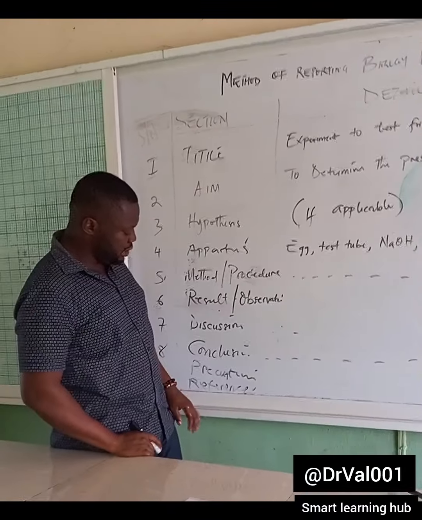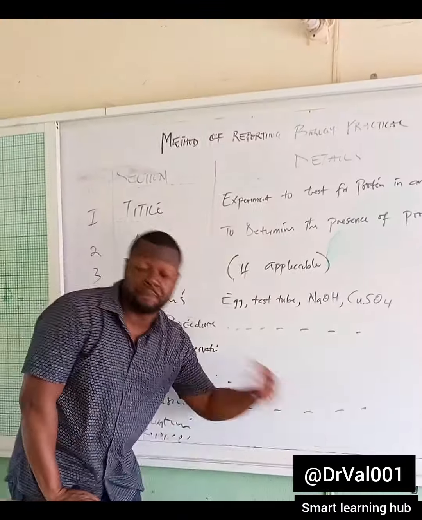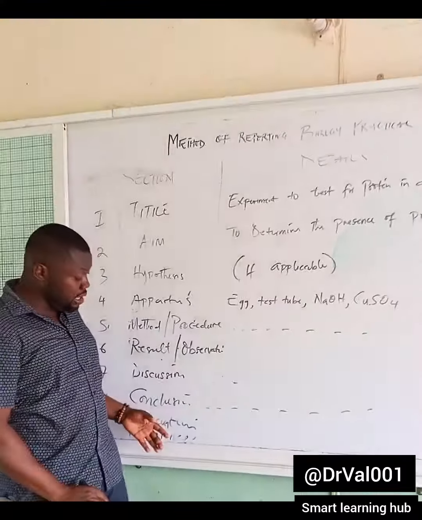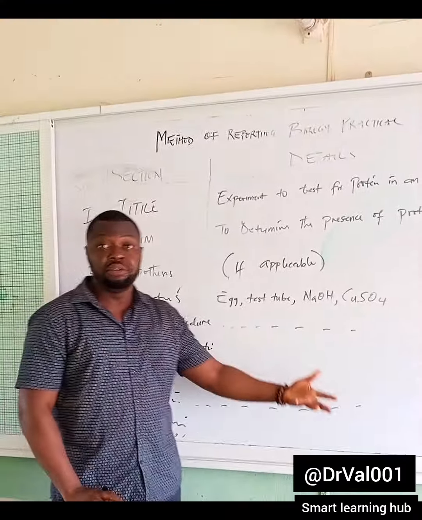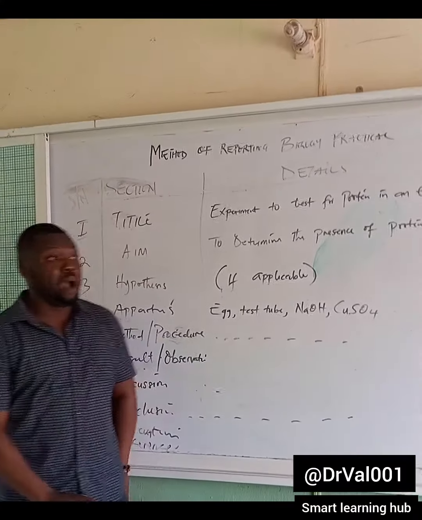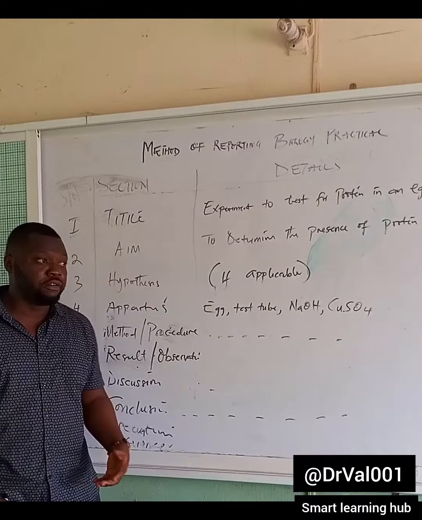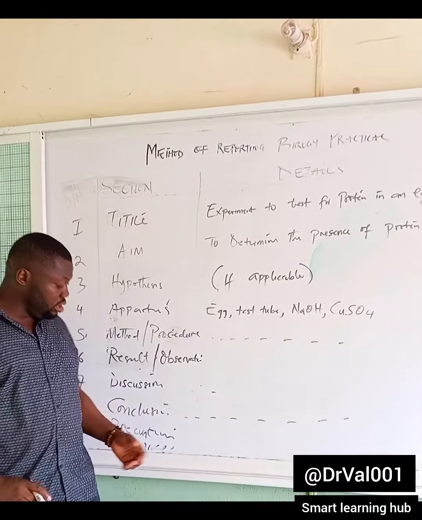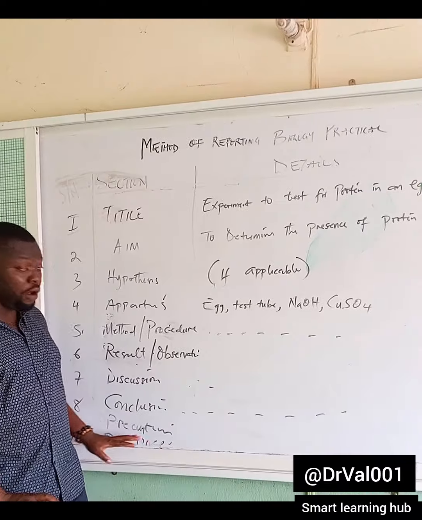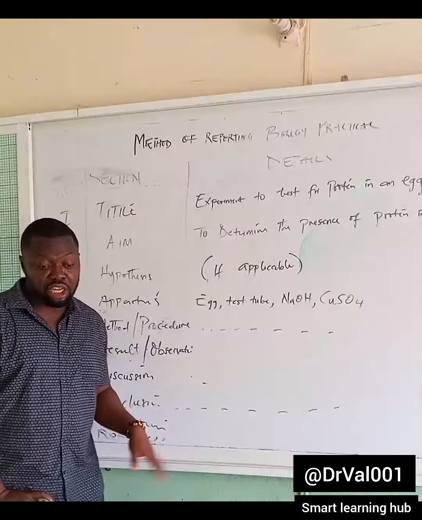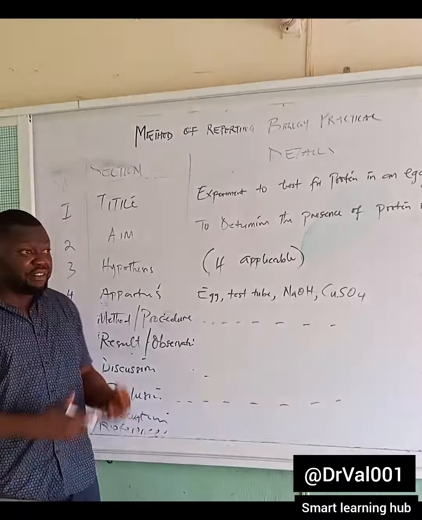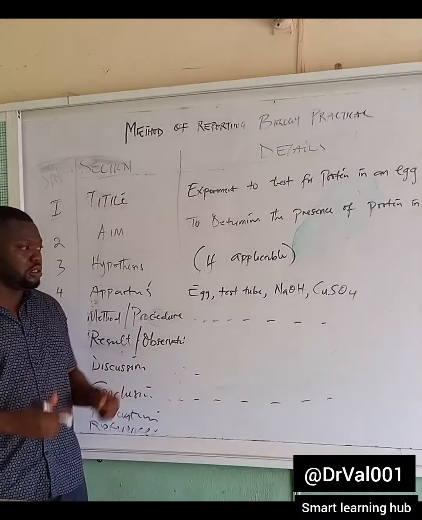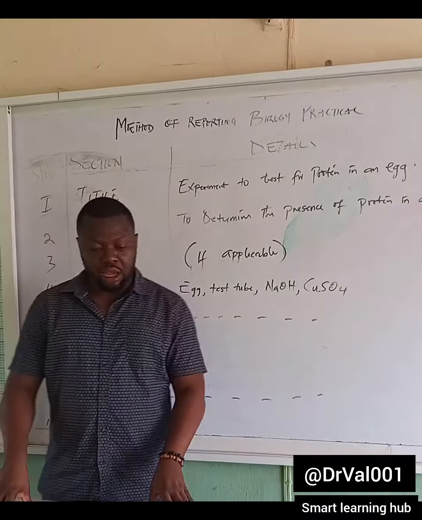So reference is only if it is applicable. It's mainly for higher degrees, those people who are asked to do the experiment themselves. But for colleges and undergraduates, there is no need for referencing. And for precaution, it is if it is needed. If it's not needed in a particular experiment, there is no need. So thank you and God bless you.